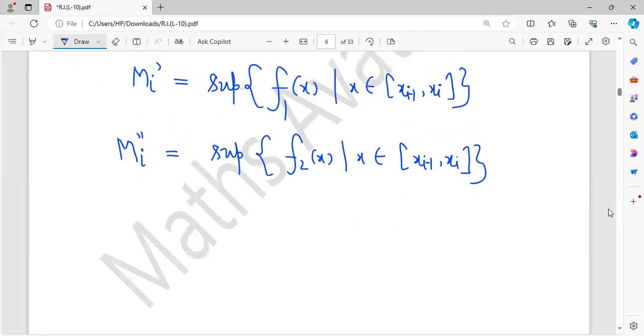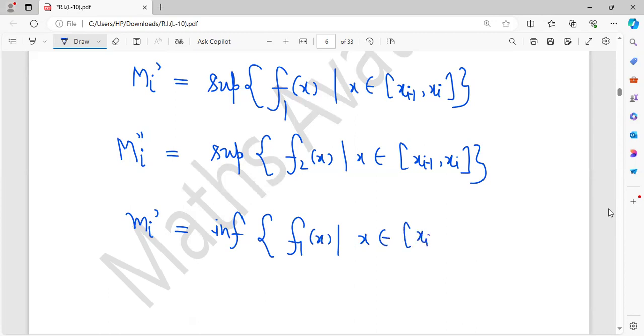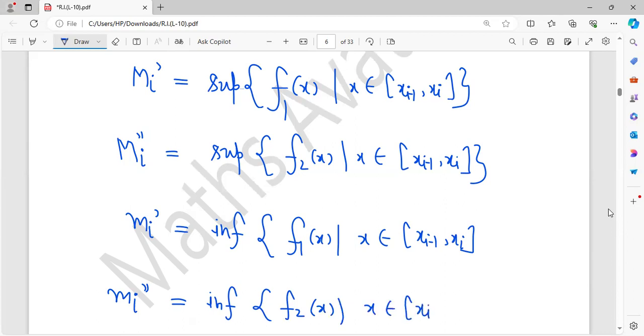Small mi' is equal to the infimum of f1(x), x belongs to [xi-1, xi]. Small mi'' is equal to the infimum of f2(x), x belongs to the [xi-1, xi] interval.